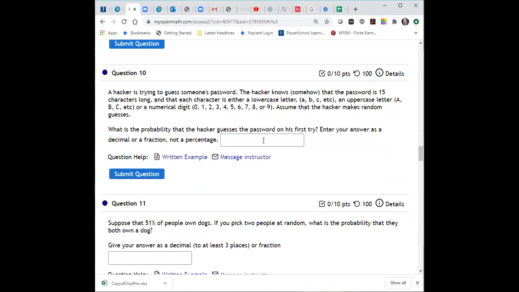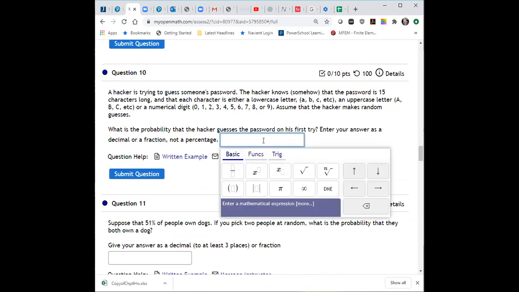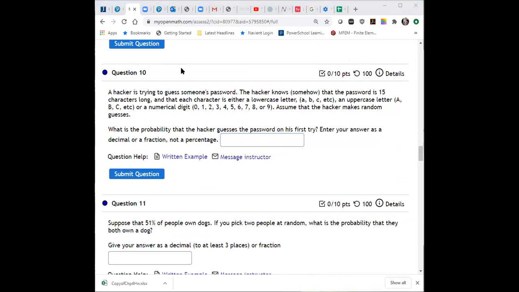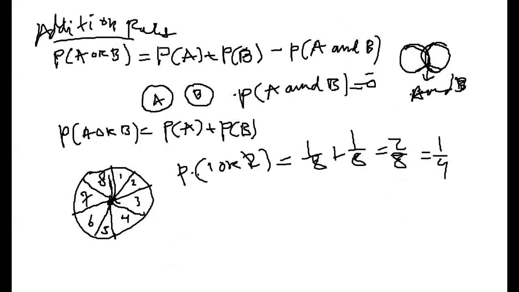And yeah, for this one, I need to set up the whiteboard again. Okay. How many characters do you have? 15. 15 characters, right? Okay.